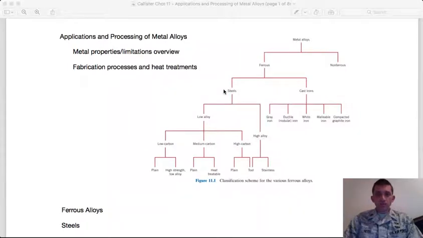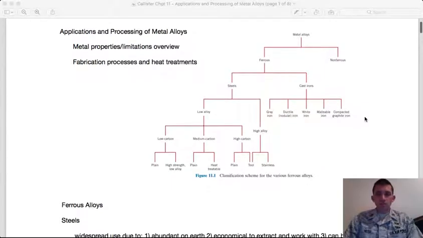I'd imagine most people are more familiar with steels, but I think the cast irons would make a very nice case study in looking at these 5 different cast irons between microstructure, composition, and properties. And then within steel, you have a couple different categories based on the carbon content. You have low carbon, medium carbon, and high carbon.